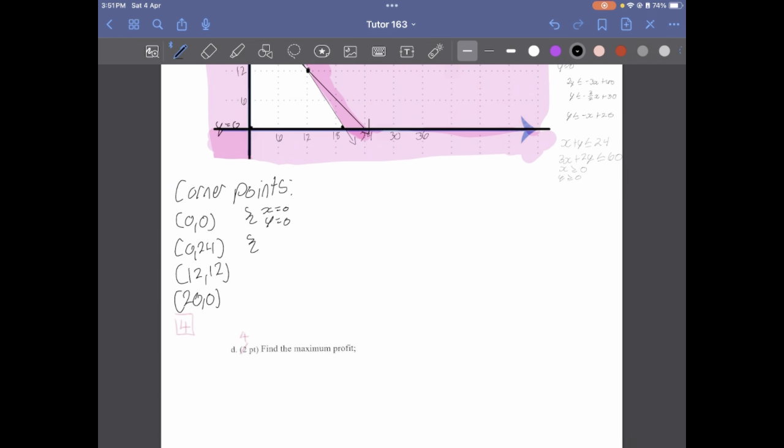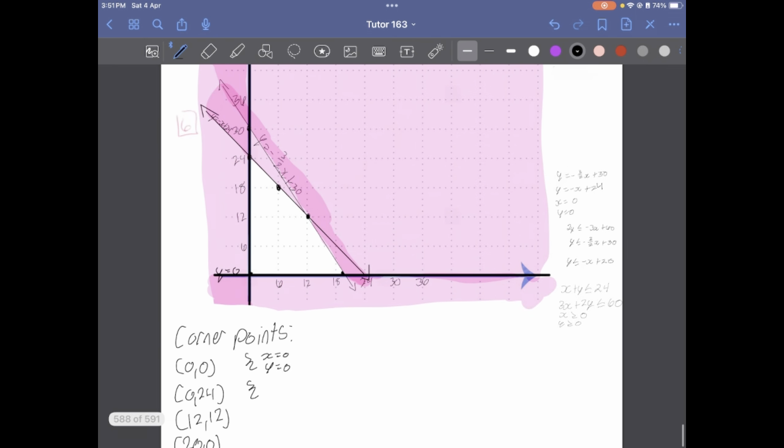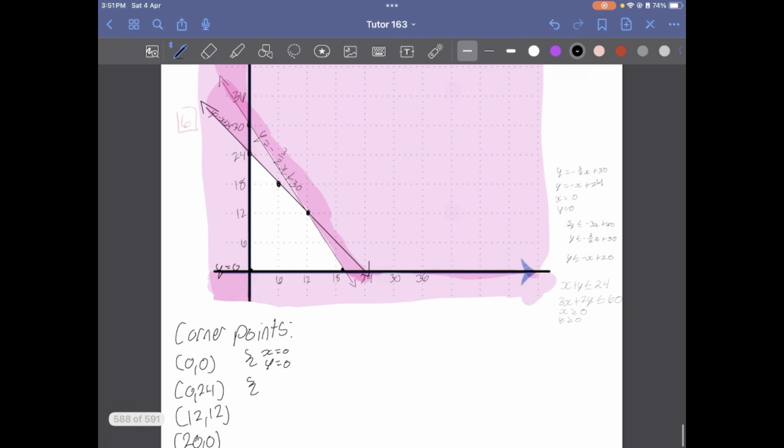The two equations that 0, 24 crosses are x is equal to 0 and y is equal to negative x plus 24. 12, 12 is these two equations.